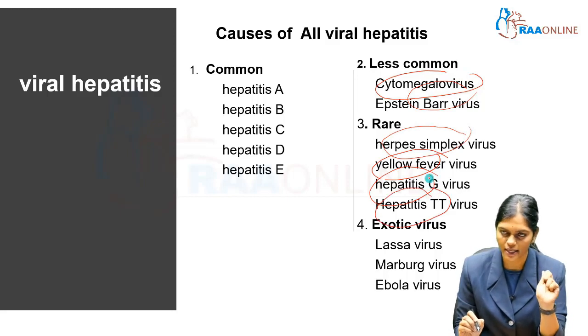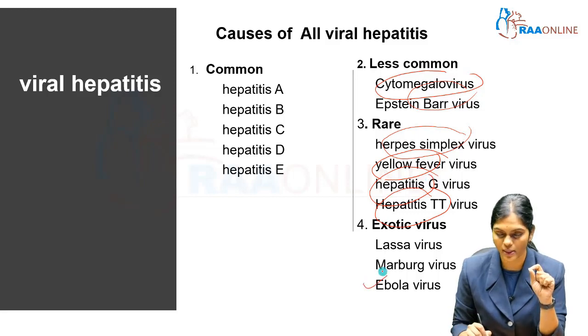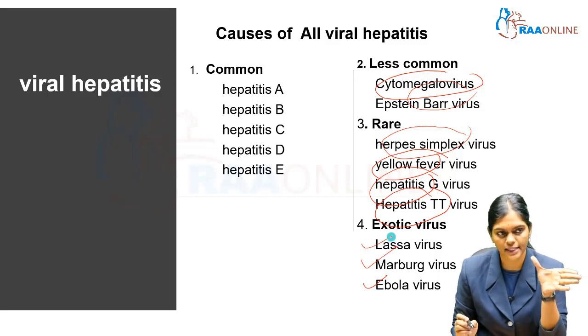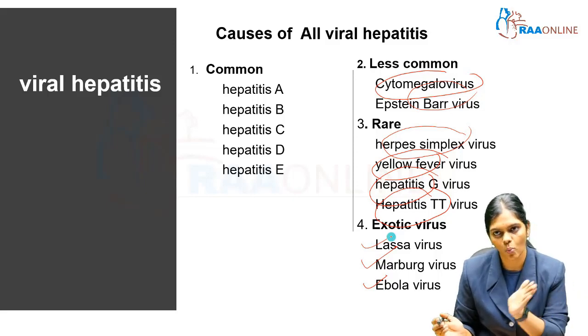These can cause hepatitis. So there are certain exotic viruses like, as we know, Ebola virus, Lassa virus, Marburg virus. These all can cause hepatitis. So the common ones are A, B, C, D and E, and the less common ones cytomegalo, Epstein-Barr viruses, and you can remember herpes simplex and hepatitis TT and yellow viruses can cause viral hepatitis.